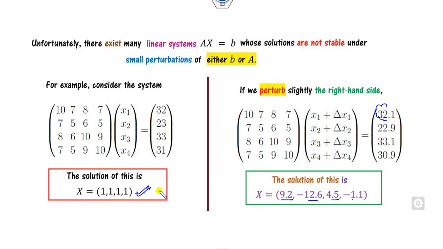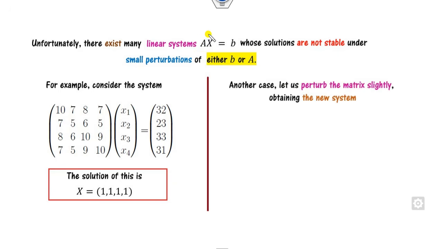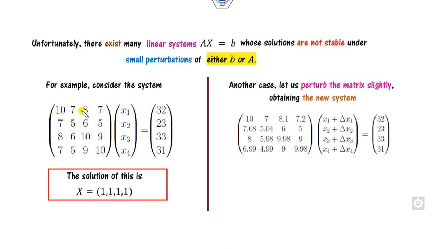On the other hand, I can perturb the matrix like this. I change 8 to 8.1, 7 to 7.2, 5 to 5.04, and so on. Clearly this matrix becomes A again when you round off to a certain accuracy: 4.99 becomes 5, 6.99 becomes 7, 5.98 becomes 6, 9.98 becomes 10, and so on.